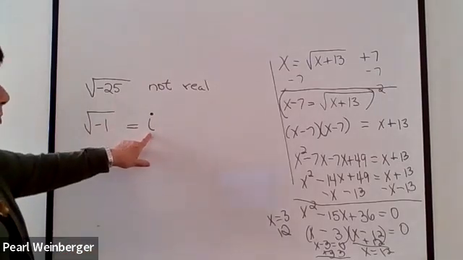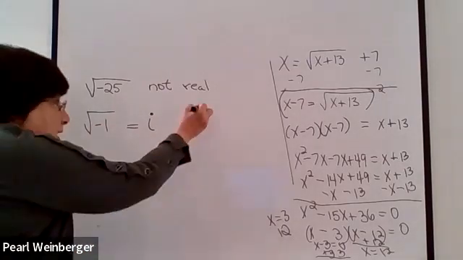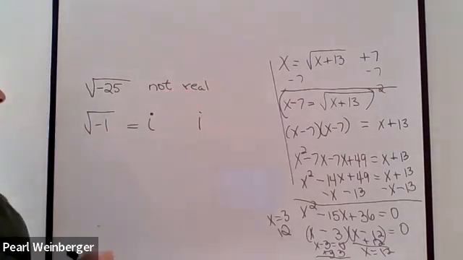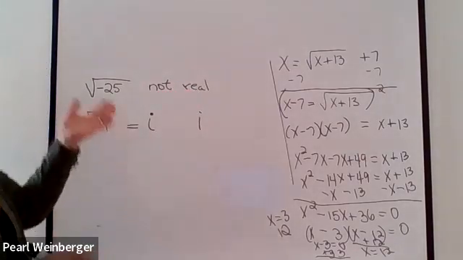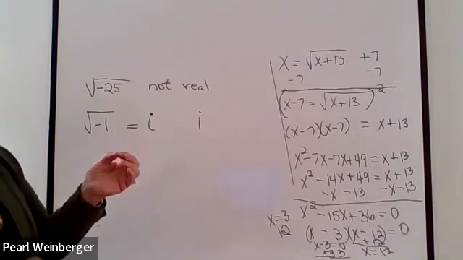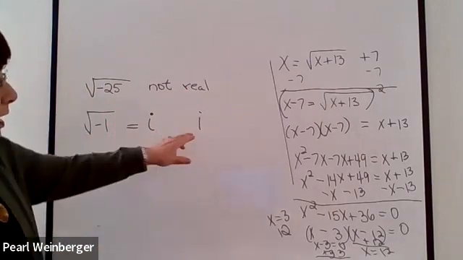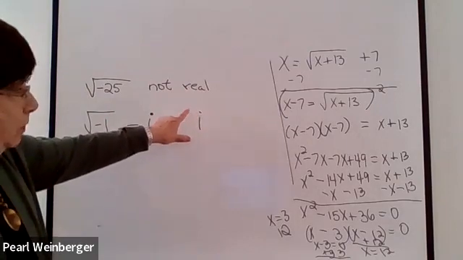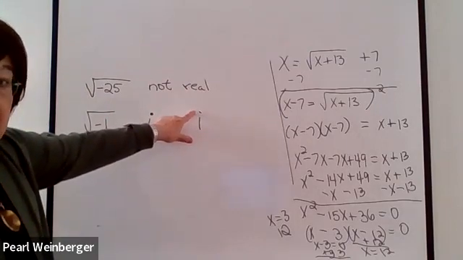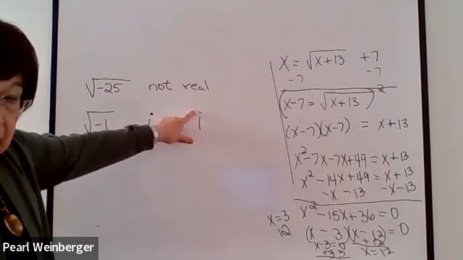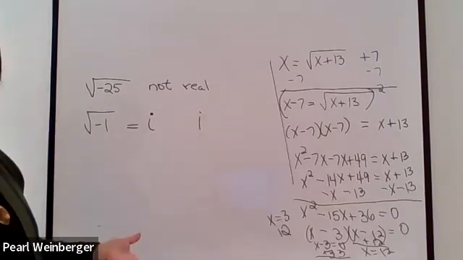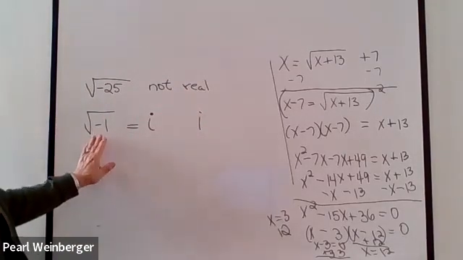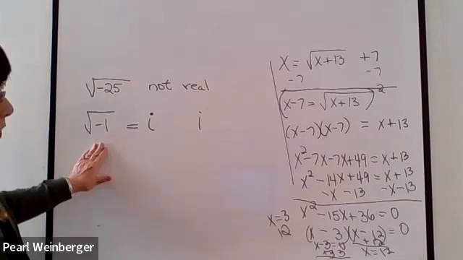And if you notice how I'm writing it, I'm not writing i like this. Why? Because I'm doing this on a board, I'm not typing this. If I don't make that dot very, very clear, you might think it's just the number 1. And the square root of -1 is not 1.